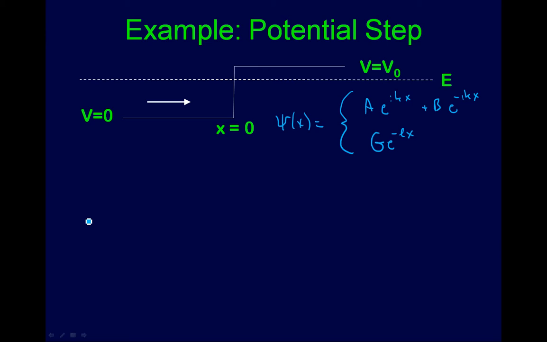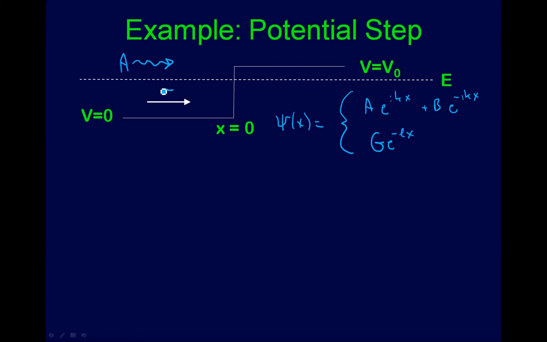So now it's good maybe just to stop and look at what we have here and try to think about this conceptually. What are these equations? What do they really mean to us? Well, we know that e to the ikx are functions of a constant momentum. And the way this is going to work out is A is what we call the incoming wave. So it's the one that's coming in to be scattered.